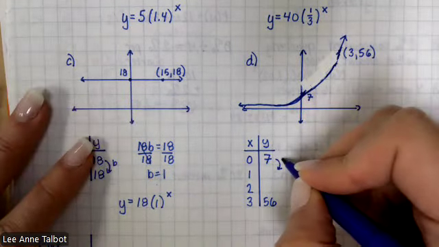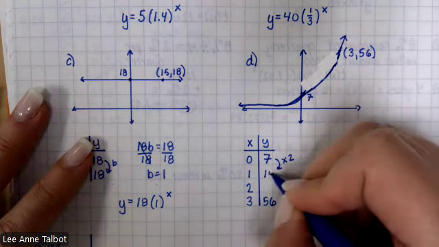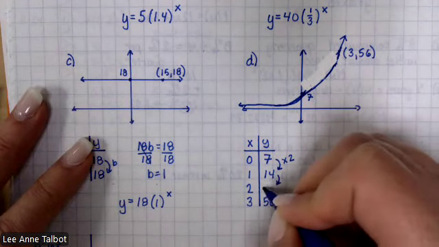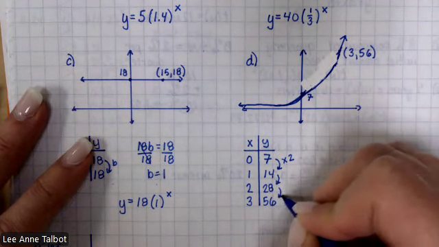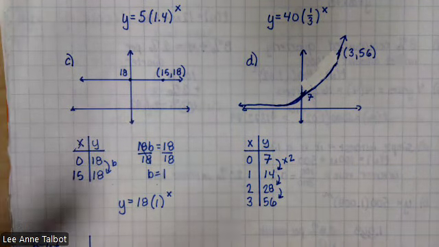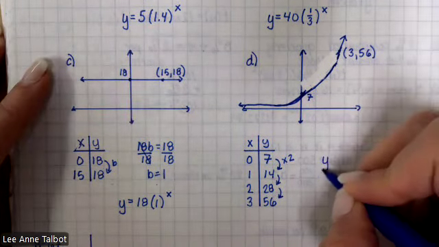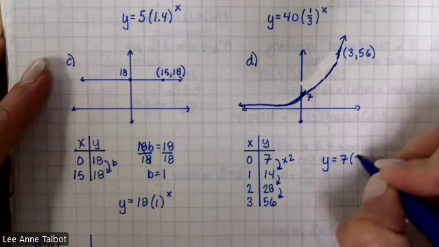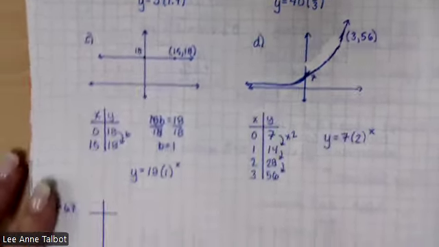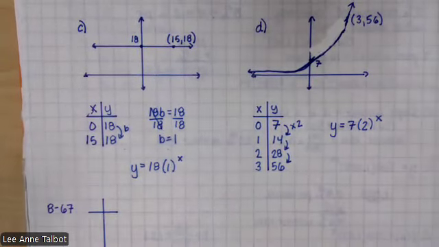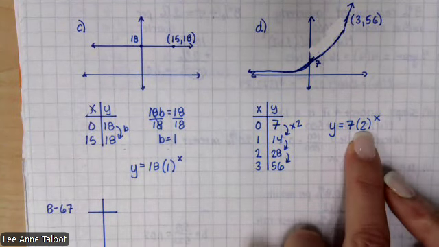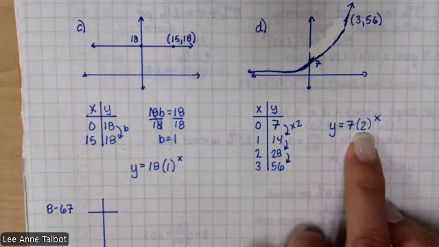Okay, so if you times 2, this would be 14. And if you times 2, this would be 28. And if you times 2, 56. Okay, so our equation would be y equals 7 times 2 to the x. Okay, so the goal for me for the rest of this lesson is to teach you how to find the 2 without having to do it in your head.